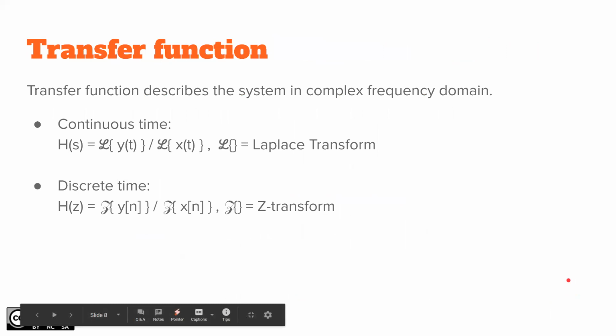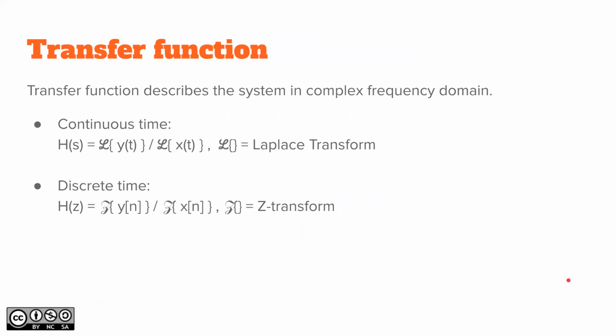Okay, so next up is the transfer function. Sorry, I need some water. So a transfer function, the same way as in the analog domain, describes the system in the complex frequency domain.